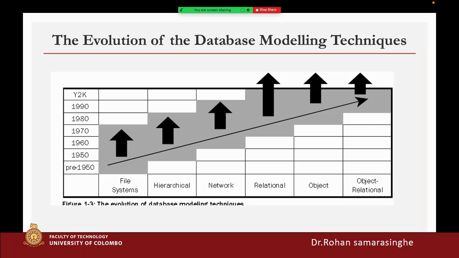For that, the 50s, 60s, 70s, 80s, and currently we are using different types of databases according to the data. Some are used to store structured data, and some are used to store unstructured data, that is, data with no fixed type.